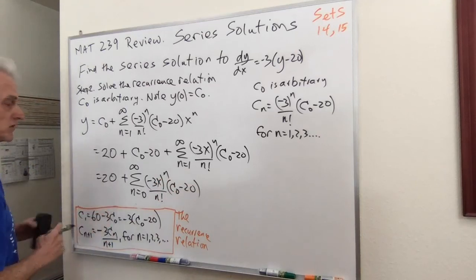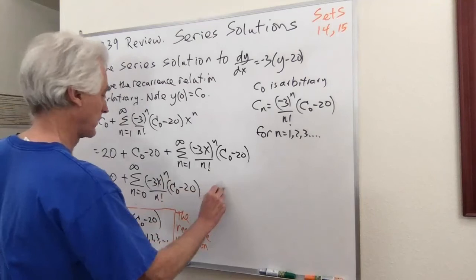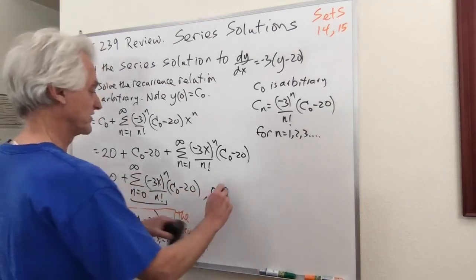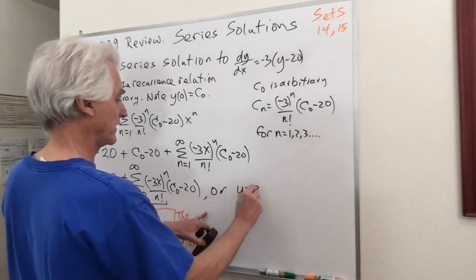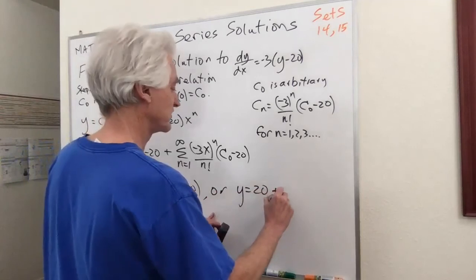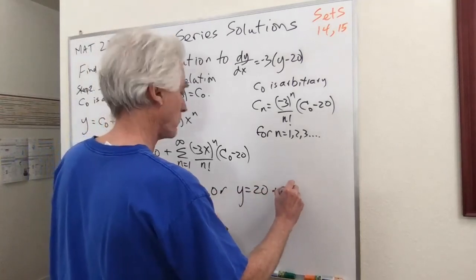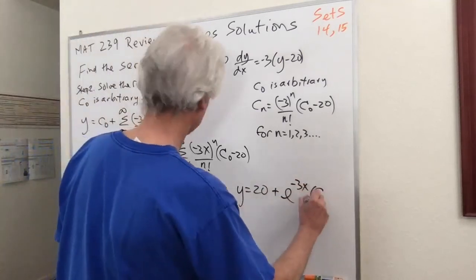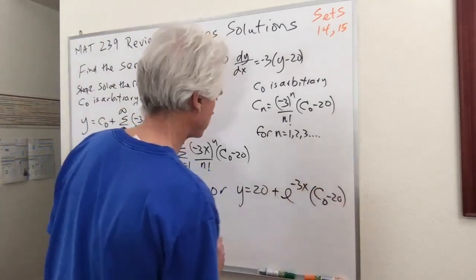All right. So this thing here is just e to the minus 3x. This says that y is 20 plus e to the minus 3x times C0 minus 20.